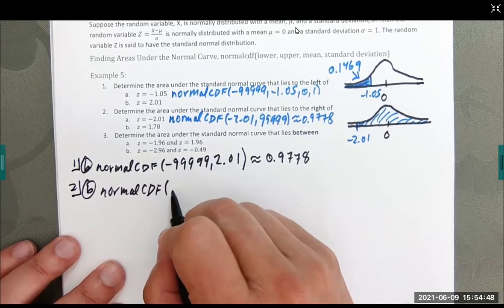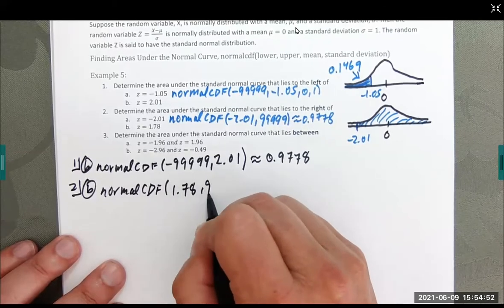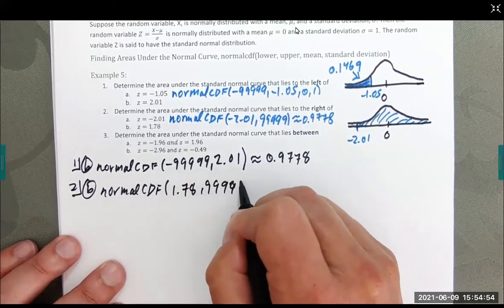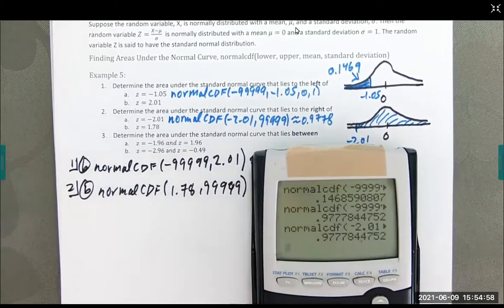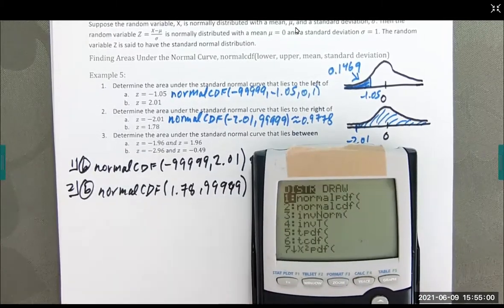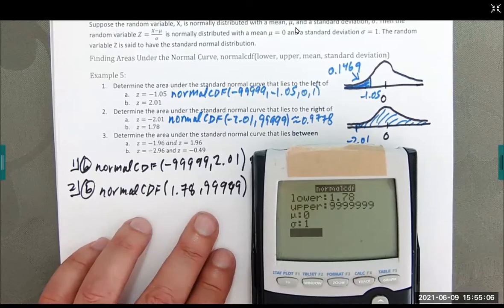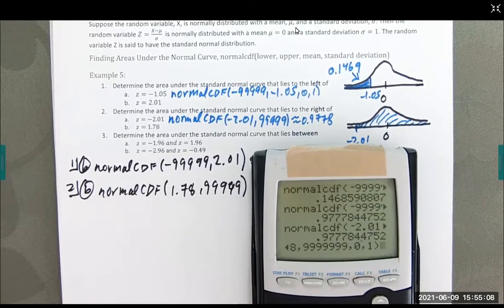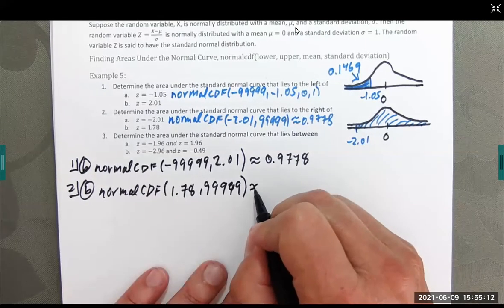And we are going to do 1.78 to 999, to a big number. As expected, this one's definitely smaller.